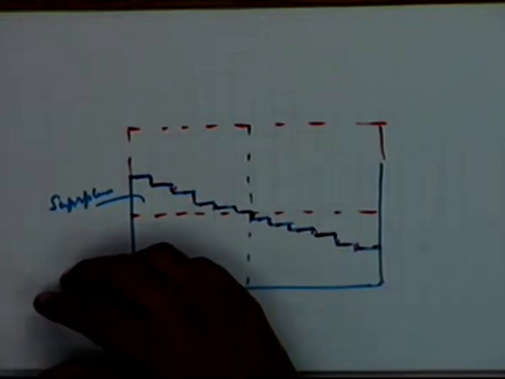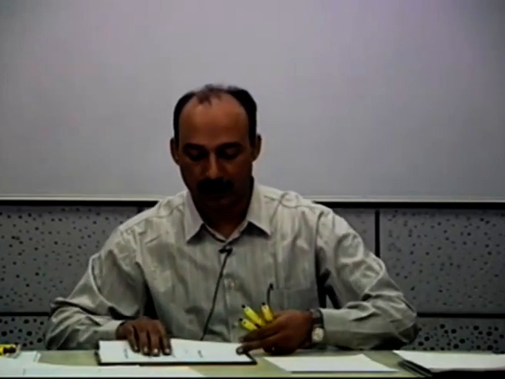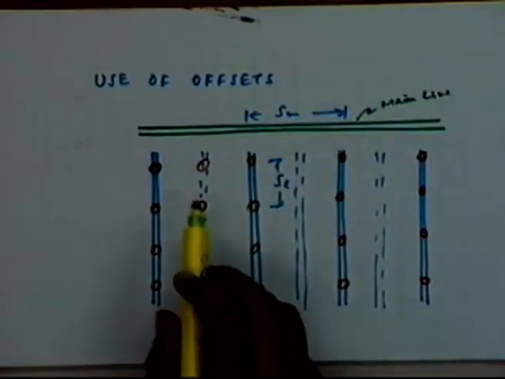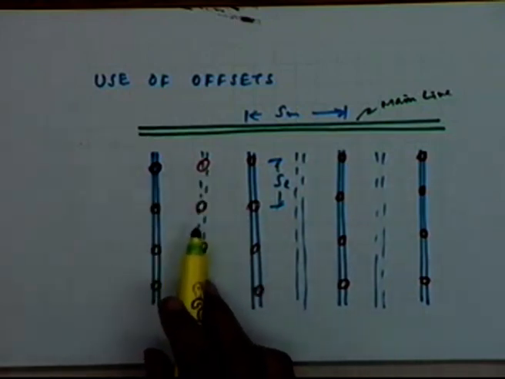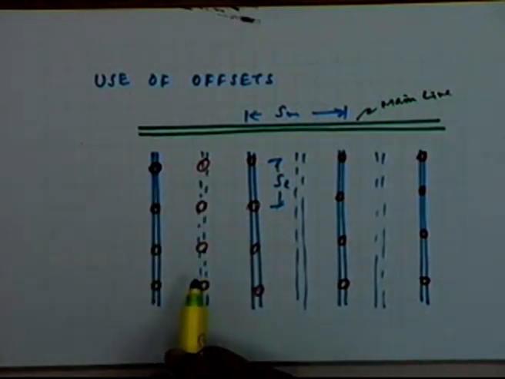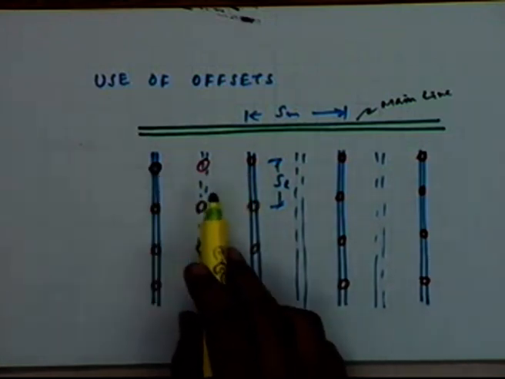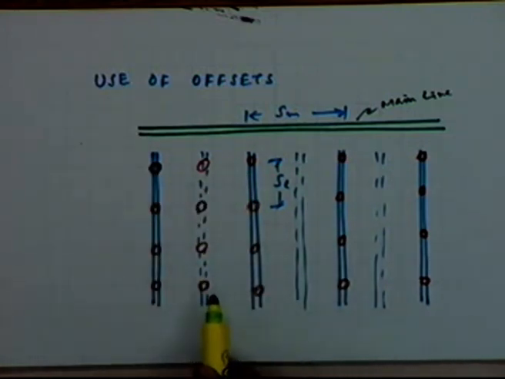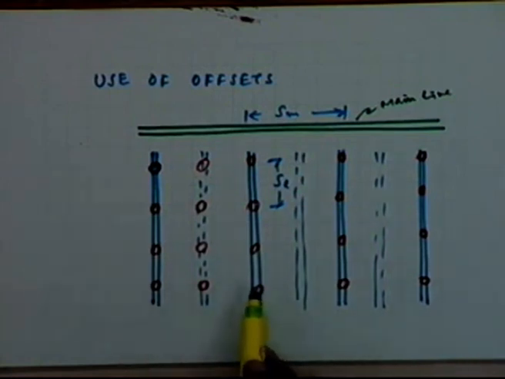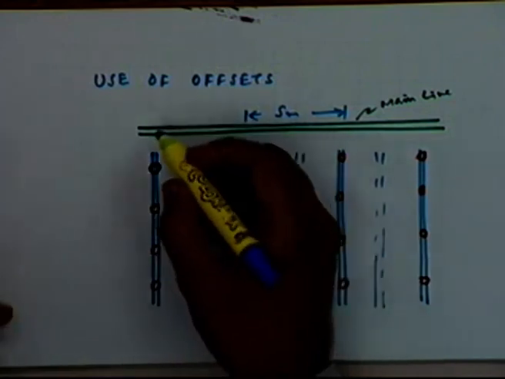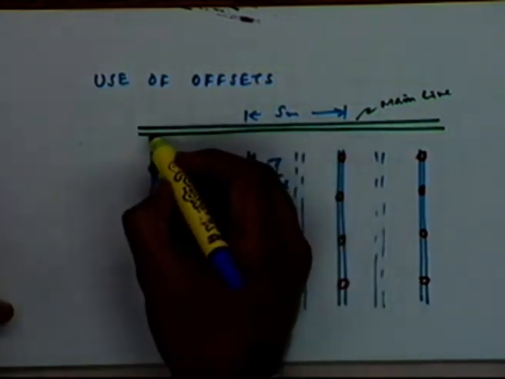So this is what is known as the offset, that I have offset the position of the lateral in between the previous positions of the two laterals, and that you can easily do by having a hose.